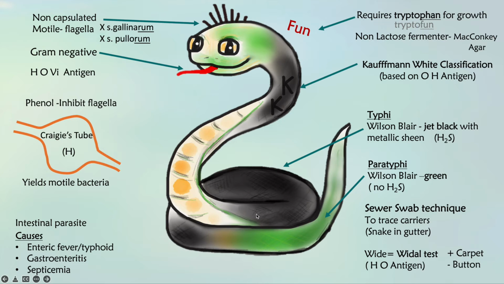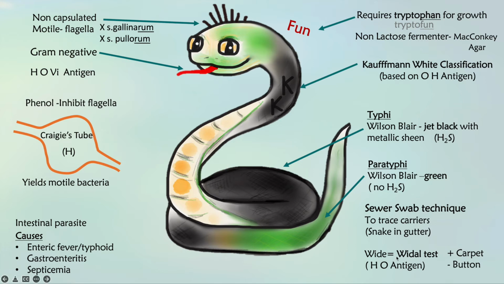In the sewer swab technique, a gauze pad is tied with a string and hung in sewers or drains, and then after some time we take out the gauze pad and we culture it. And if we find Salmonella in that culture, it means that someone in that residential area is a carrier. So that is the sewer swab technique.